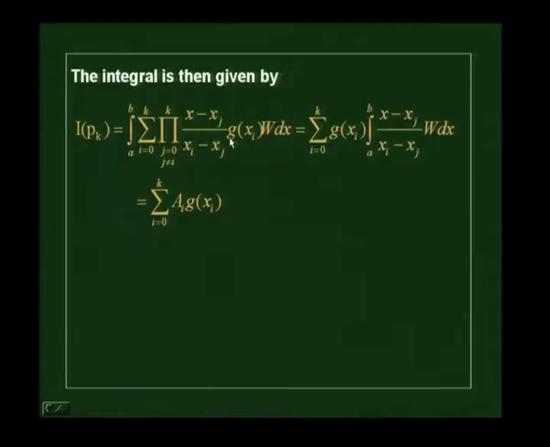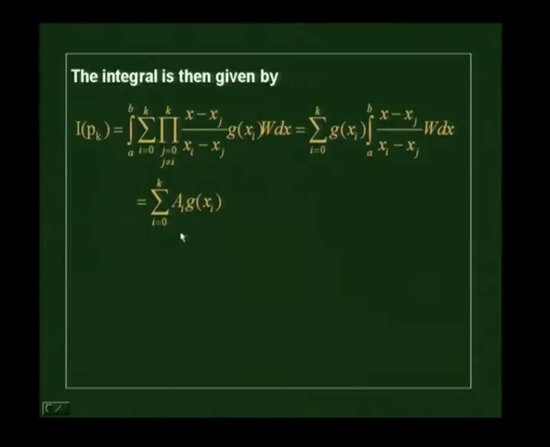We want to evaluate this integral in this limit. Now g is evaluated at xi, so that comes out of the integral, so I can interchange the sum and the integral. What I have to do is evaluate the integral of this product.